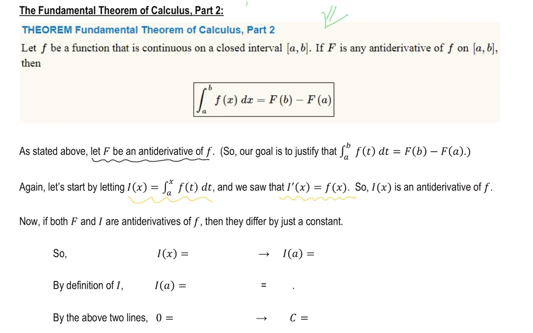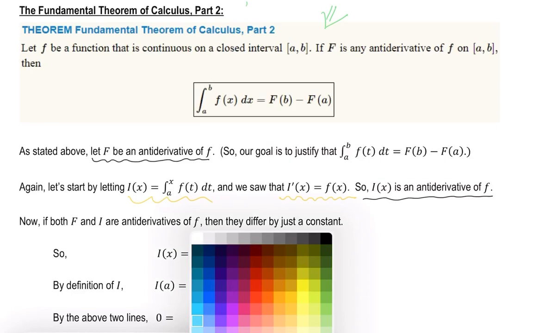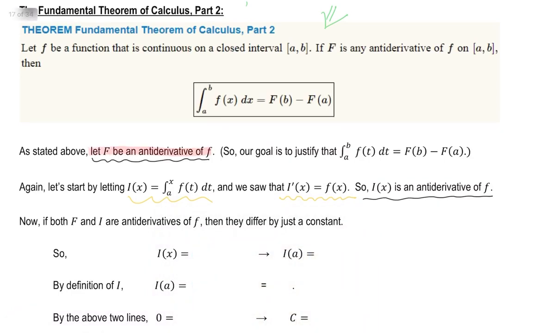So what does this tell me? If capital I prime is equal to f, that is the definition of I being an antiderivative. So I is also an antiderivative of f. If we know that both capital F and I are antiderivatives of lowercase f, then they have to be equal except perhaps differing by a constant.